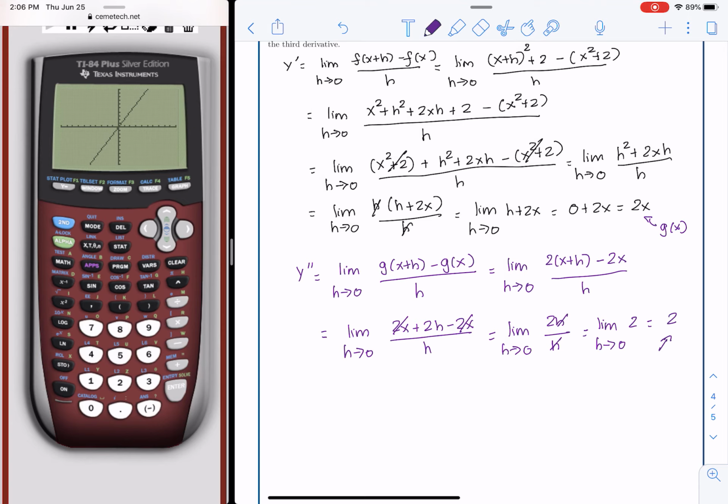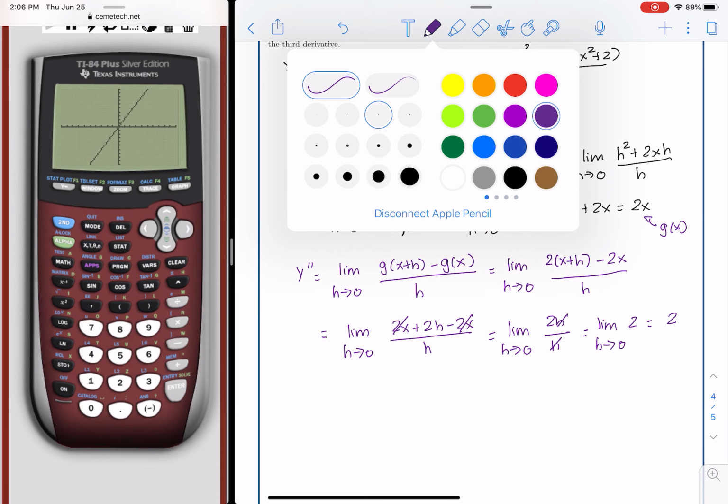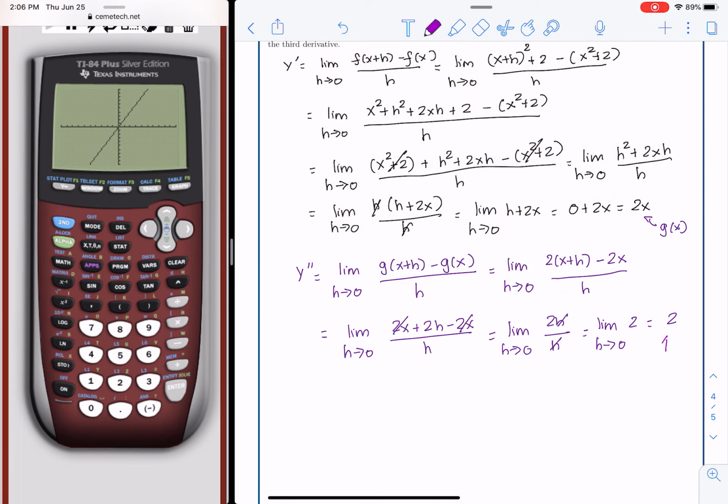This is simply, I'll call this function p of x. So y equals 2 is a horizontal line passing through 2 on the y-axis.